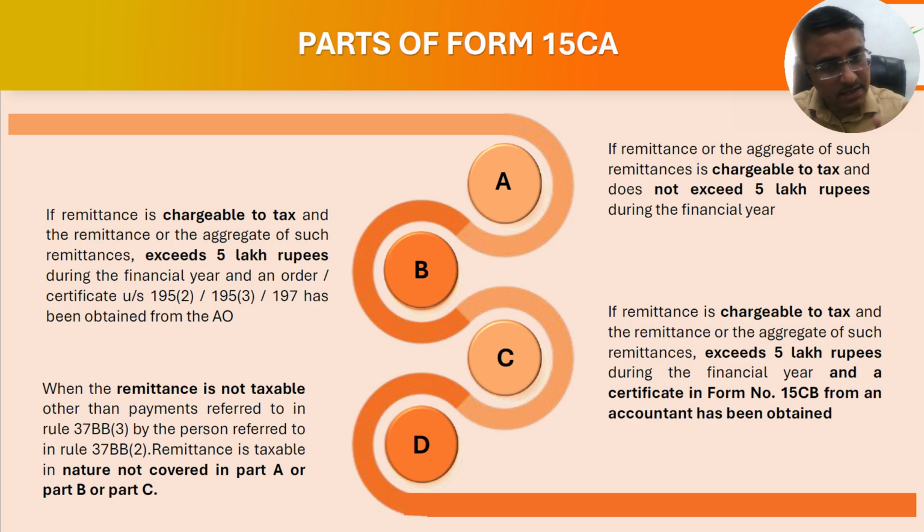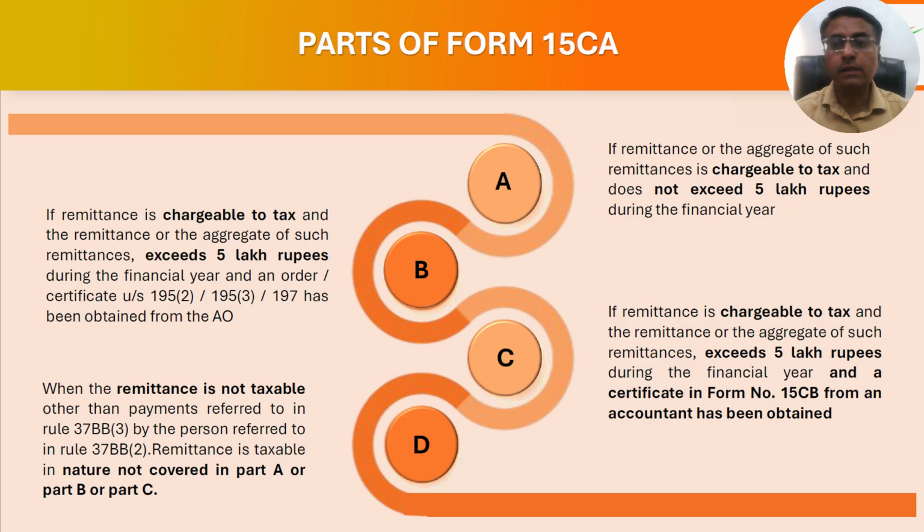In the same way, Part C deals with being attached to Form 15CB. If it is chargeable to tax and the amount is greater than 5 lakh, then you require the Form 15CB CA certificate. Who will certify the TDS amount, whether it is chargeable to tax, how much TDS is deducted. Then on the acknowledgement number basis, you will generate Part C of Form 15CA.